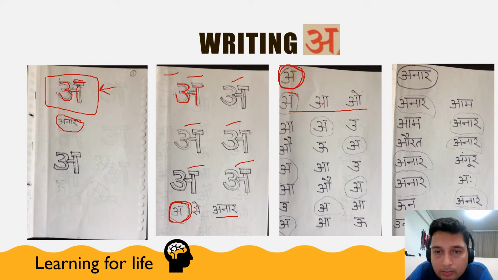So your child needs to circle the a among the three. Again here you can see I have a, and u, which all look very similar, and she has circled over here. So what it would do is that they would have a closer sight of the words here, and they can recognize the word among all the other alphabets. They would also start looking at the other alphabets here.